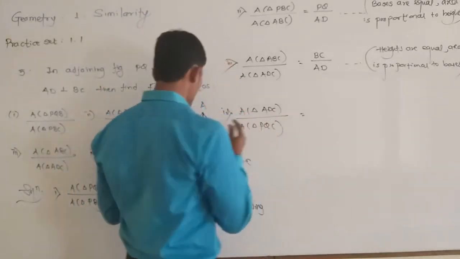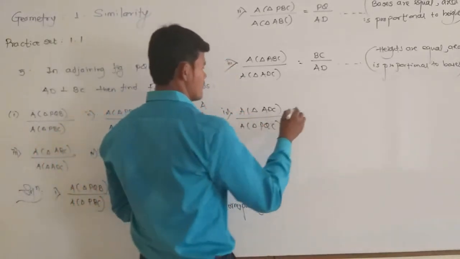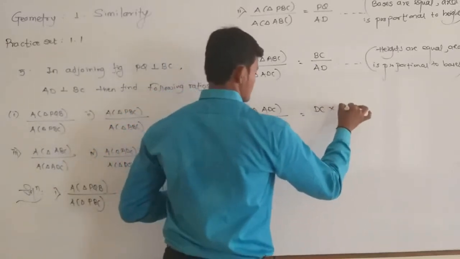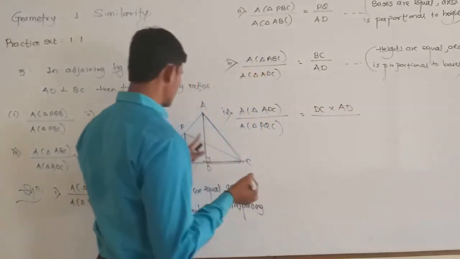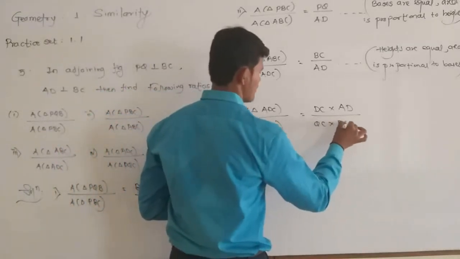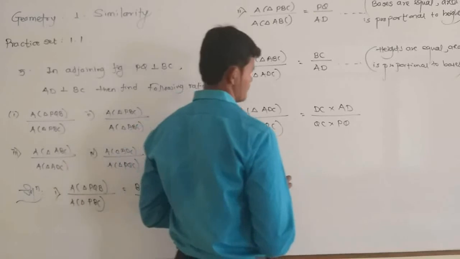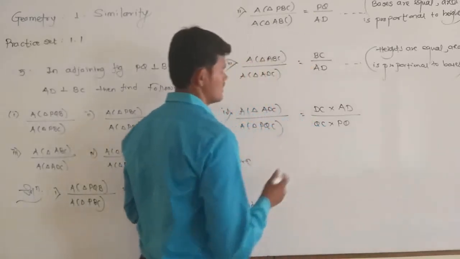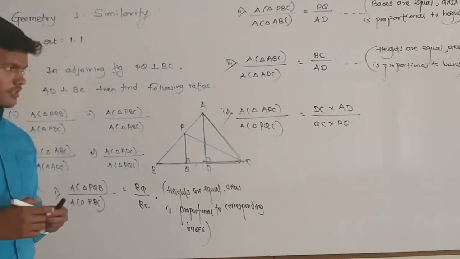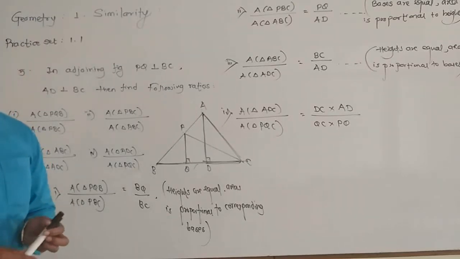So for triangle ADC, base DC, height AD, divided by for triangle PQC, base QC and height PQ. So area is proportional to the product of their corresponding bases and heights.